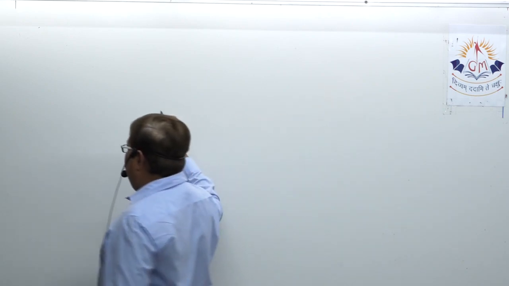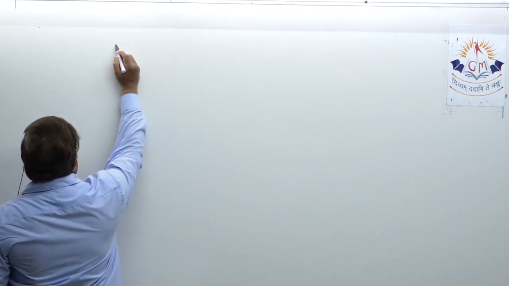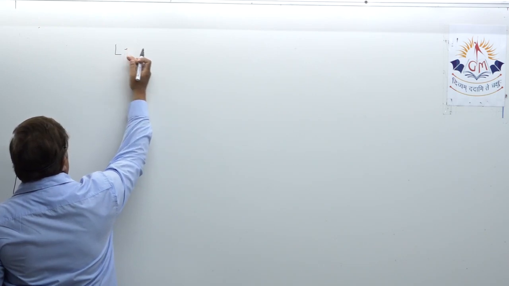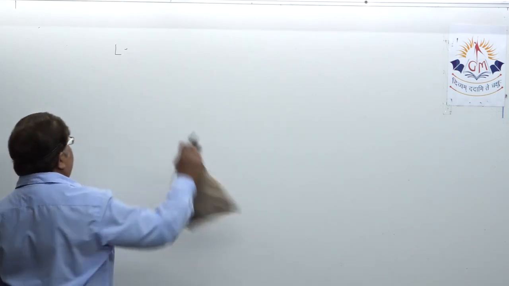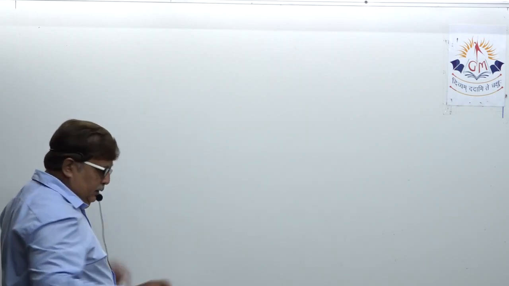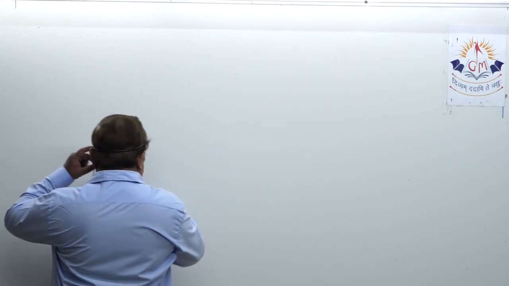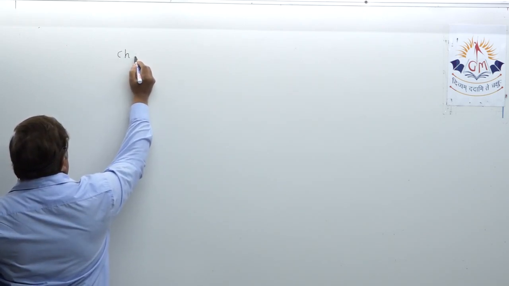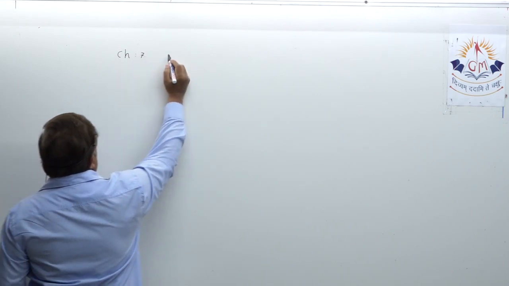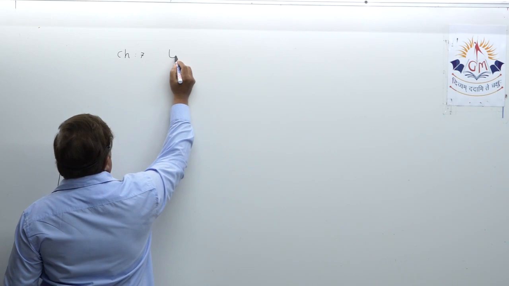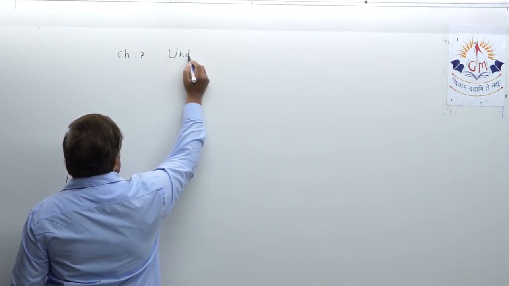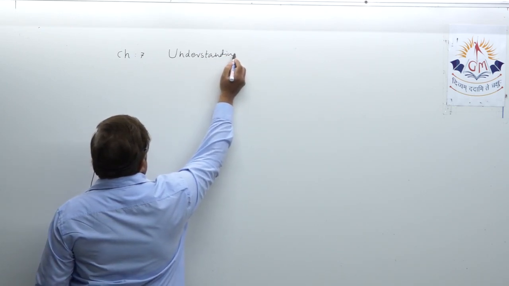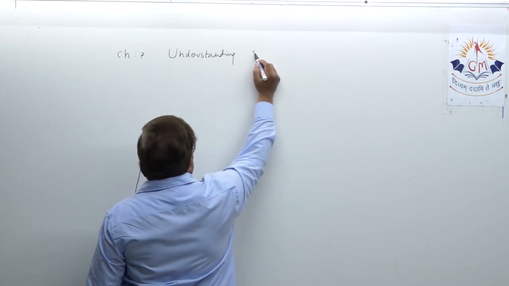Before we move to that, let us write the title of the chapter again. This is, as you know, chapter number 7, title of the chapter you all know, Understanding Shapes.